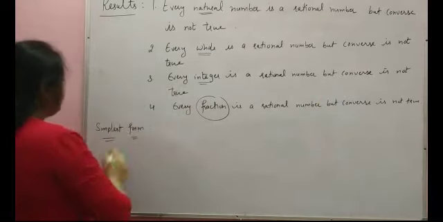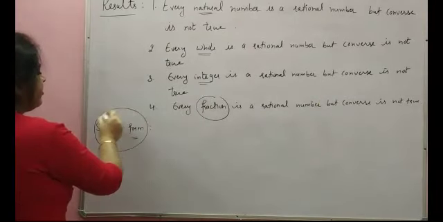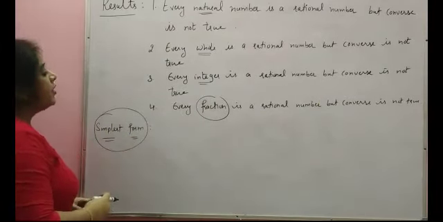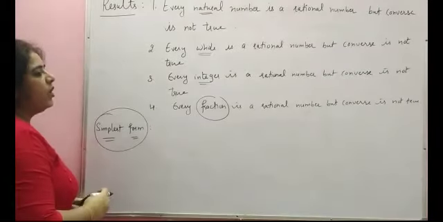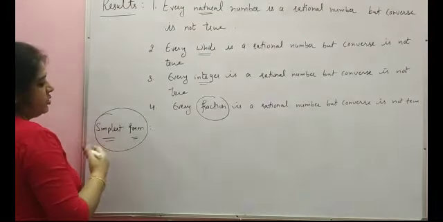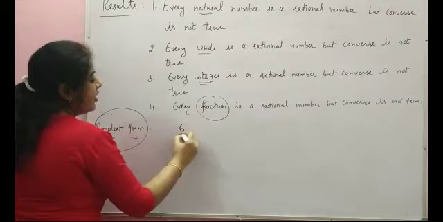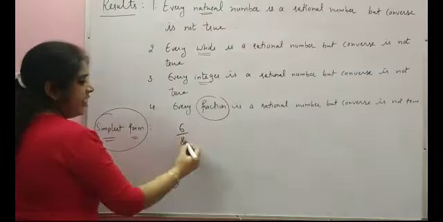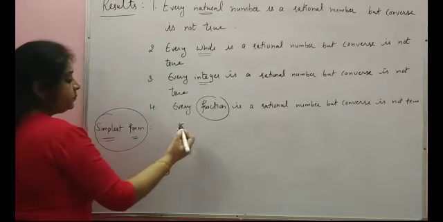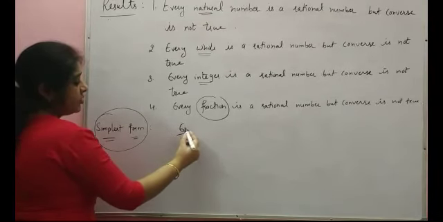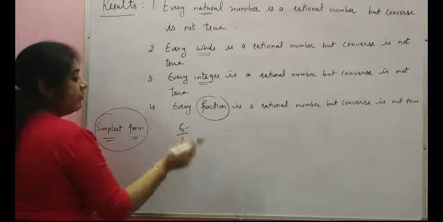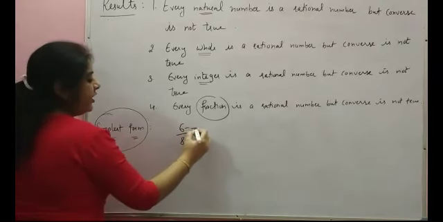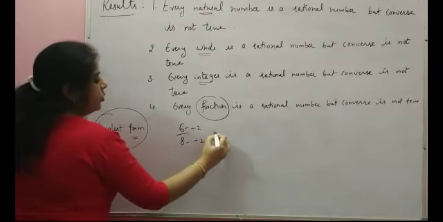Now we will come to what is the simplest form of the rational number, or we can say what is the standard form of the rational number. Just suppose we have a number like this, negative, positive like this. If we have a positive rational number, we know that 6 and 8 have the common factor 2, so we can divide by 2. So 3 by 4.